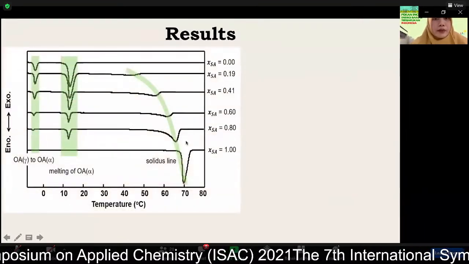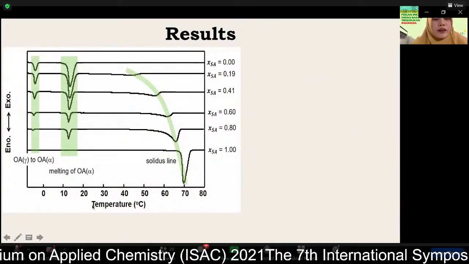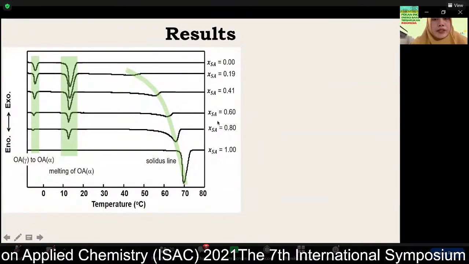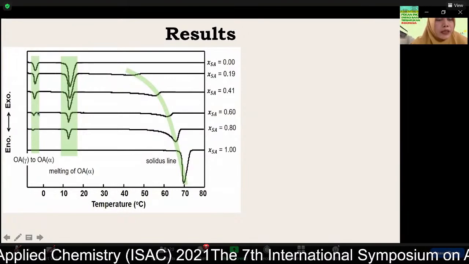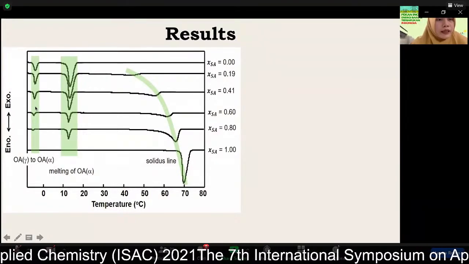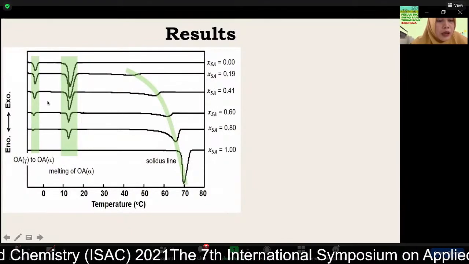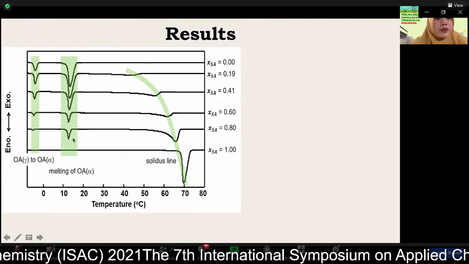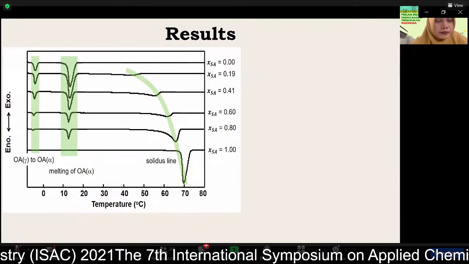This is the result from the DSC analysis. So we got the curve of temperature versus fraction of stearic acid. Here we can point to peaks at minus 3 degrees C and 13 degrees C, which are the peaks of oleic acid.